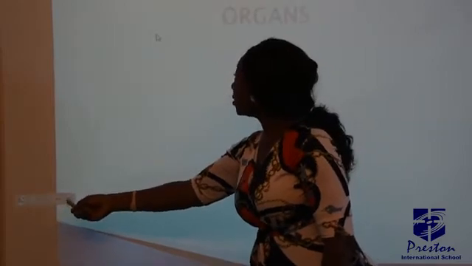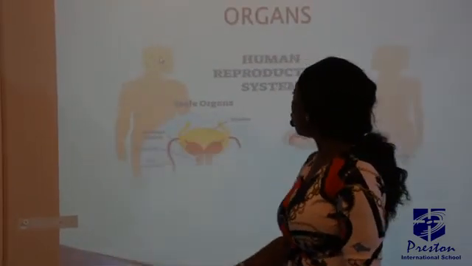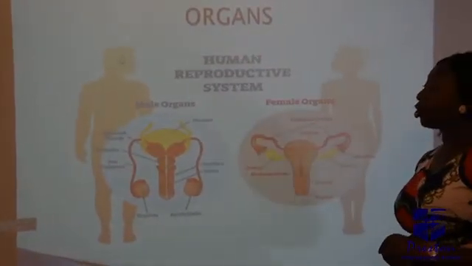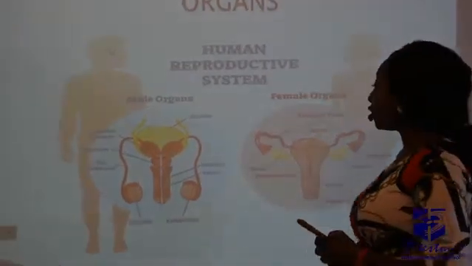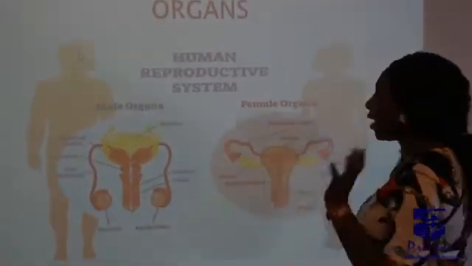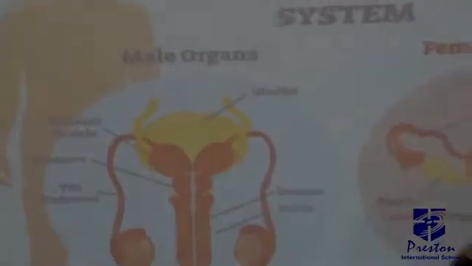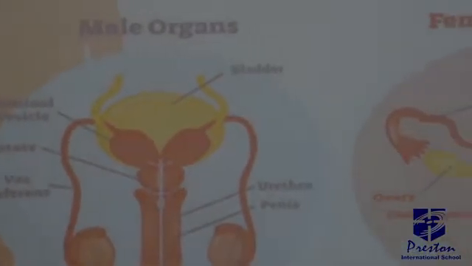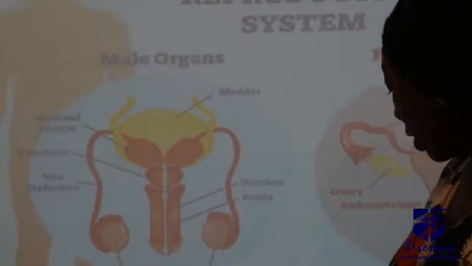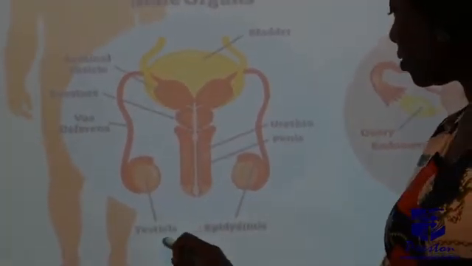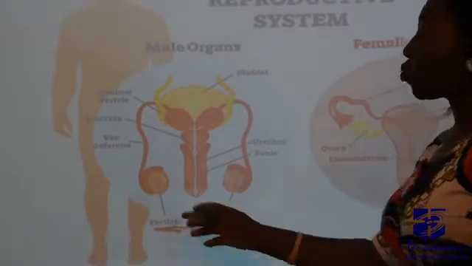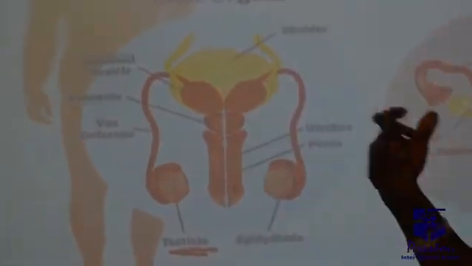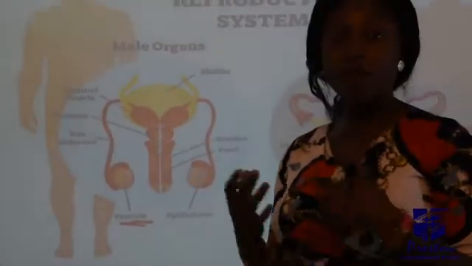Now let's look at the structures of male and female reproductive organs. Now we have different organs in the male and different organs in the female. I'll just pick a few of them and talk about them. Now let's look at the testicle in the male. This is where the testes, or testes for plural, are formed.